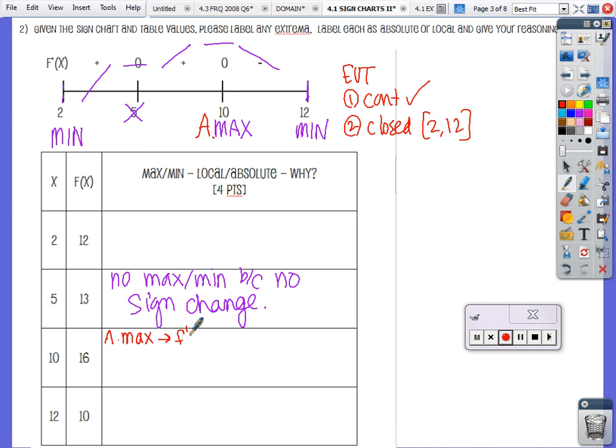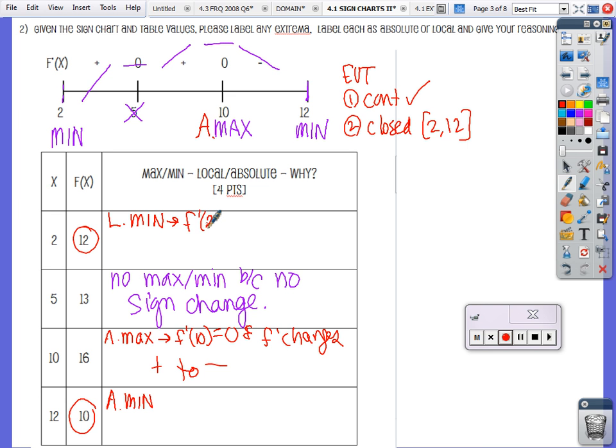f prime of 10 equals 0, and f prime changes plus to minus. f of 2 versus f of 10. 10 is smaller, so this must be my absolute min, whereas this must be my local min. The absolute min versus local, but I still get f prime of 2. Oh, sorry.